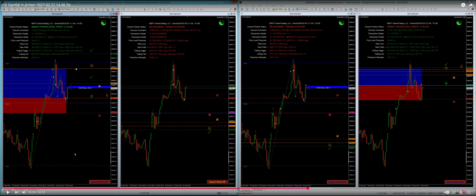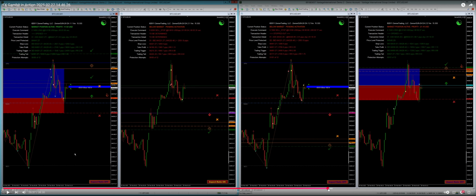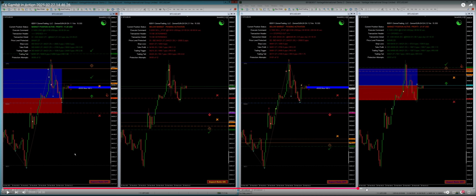So again, now the market kind of stopped moving, so I'm going to help it up a little bit here by moving the slide forward to help it move faster for the purpose of illustrating how the system works.